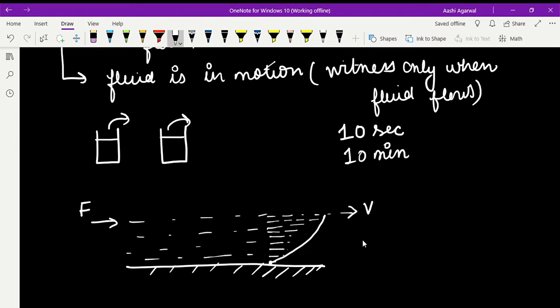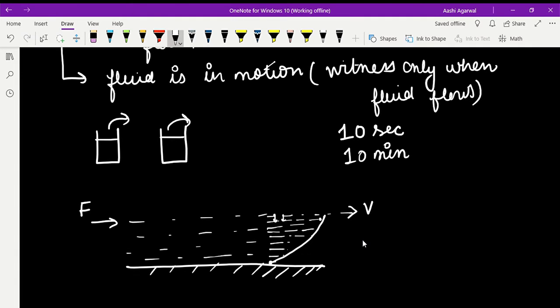Now again, this shear stress is nothing but the force that is transmitted from one layer to another layer. That is, the top layer wants to move with a certain velocity, but the bottom layer is restricting it, and that is why the top layer is dragging it to some velocity, but the bottom layer doesn't want to go with that velocity, so it will be moving with some velocity.